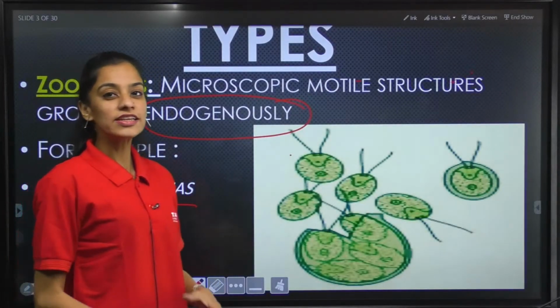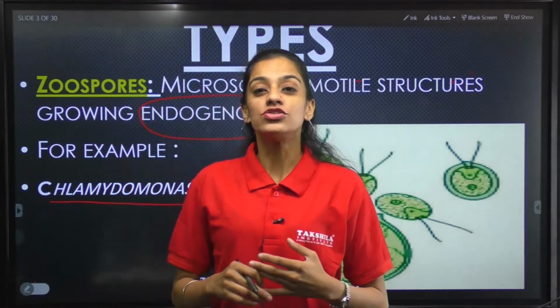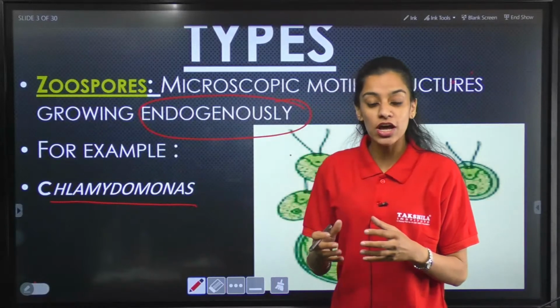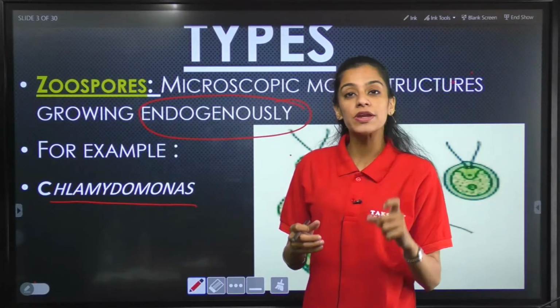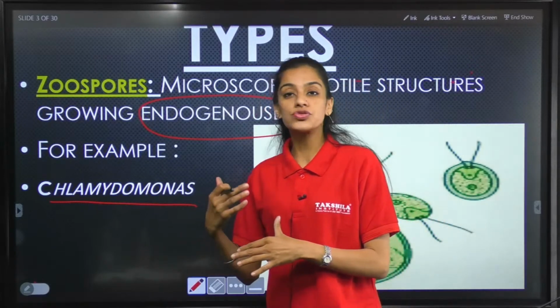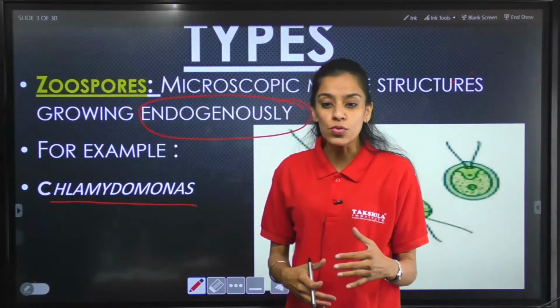Zoospores have flagella or some other motile structures present on them that help them move, to locomote from one place to another.